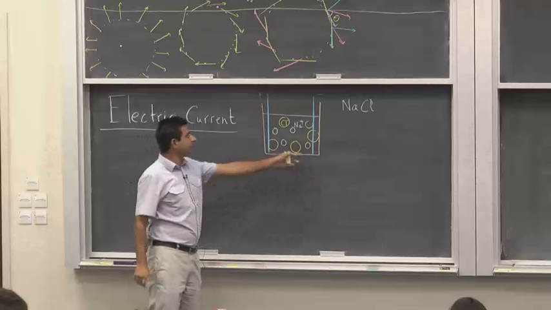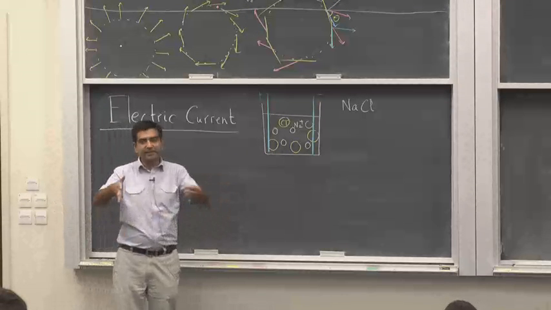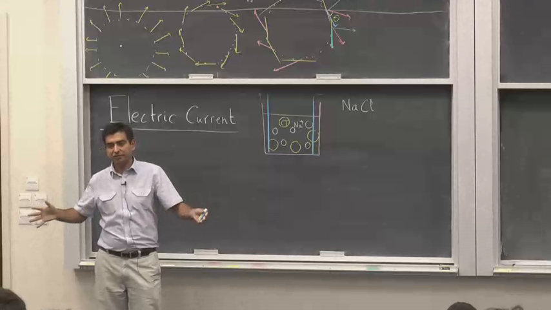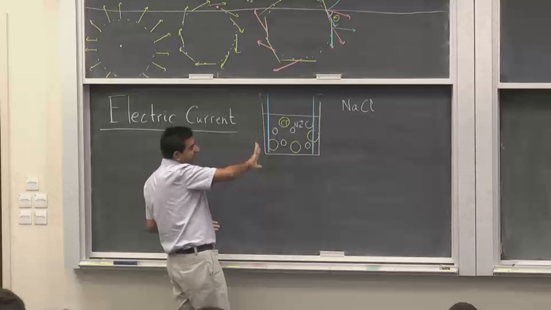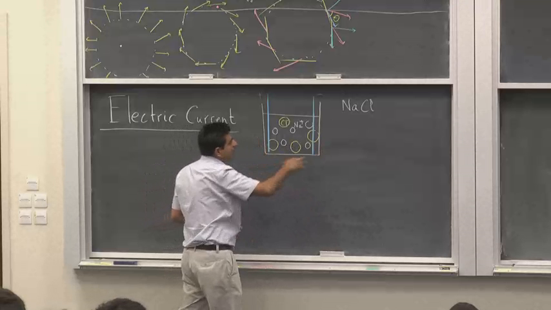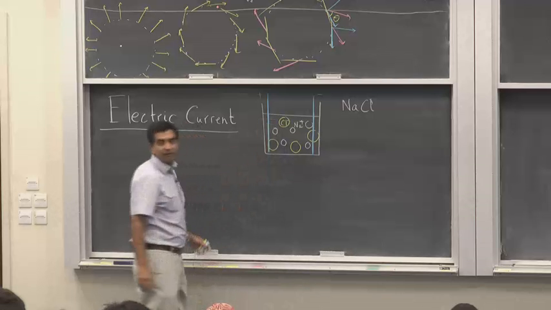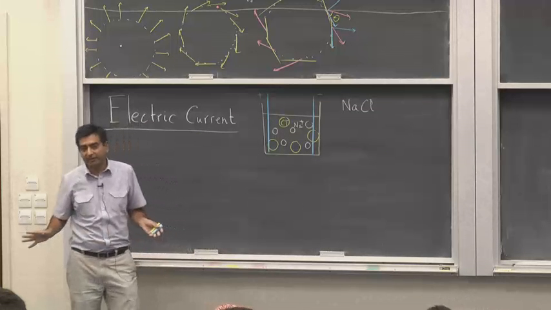This is called the anode, this is called the cathode. So if you set up this potential difference inside this bath of molten sodium chloride, the ions will start to move. The positive ions, the sodium cation will start to move towards the cathode, and the anions will start to move to the anode. So there is motion of ions here.